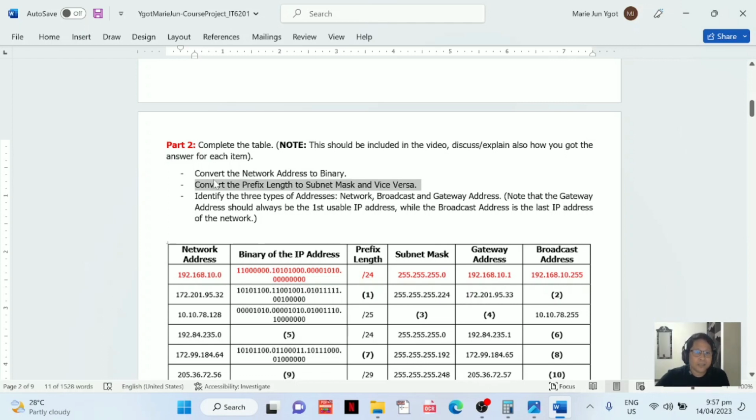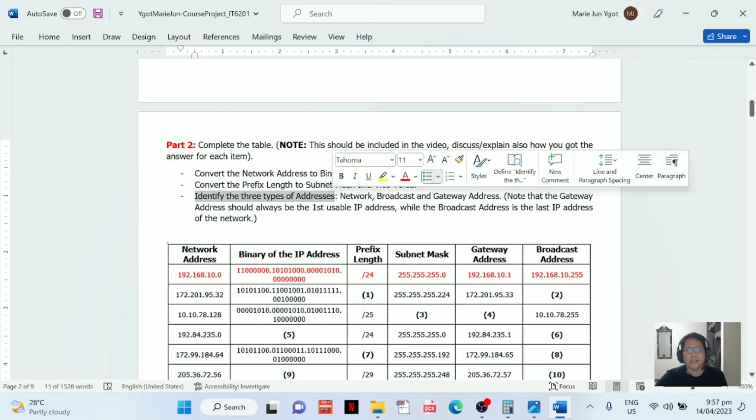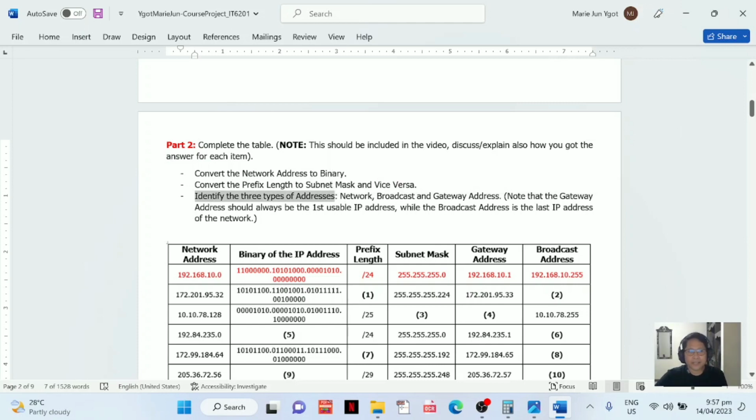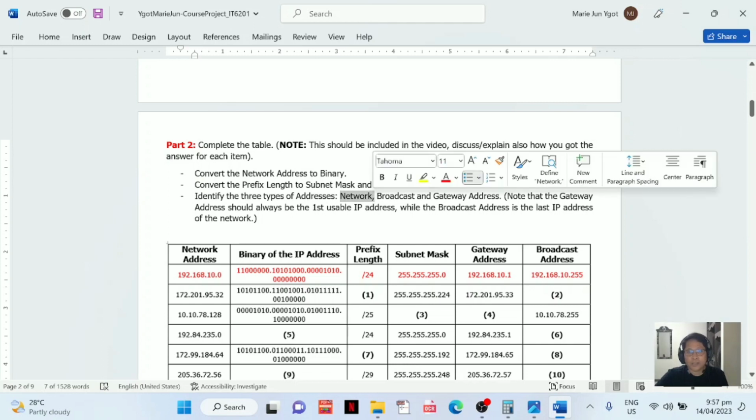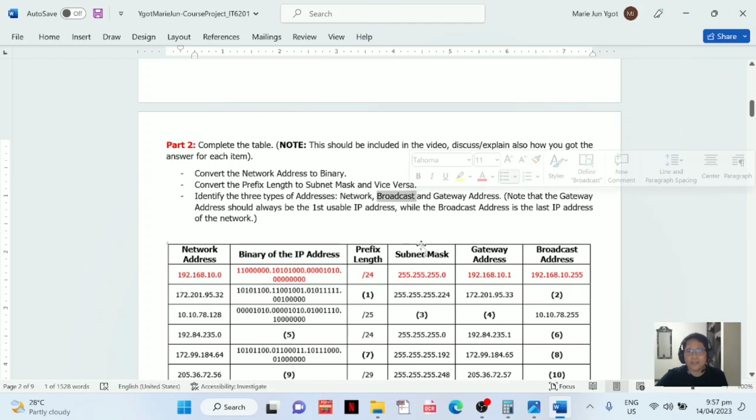And we identified the 3 types of addresses, which are the network address, the broadcast address, and the gateway address. So we already did our part, and I explained my part on how I got the answers.